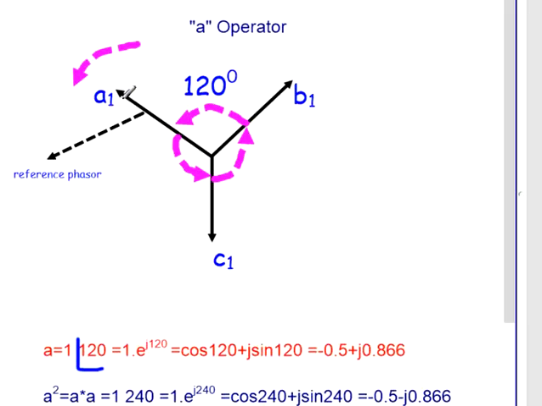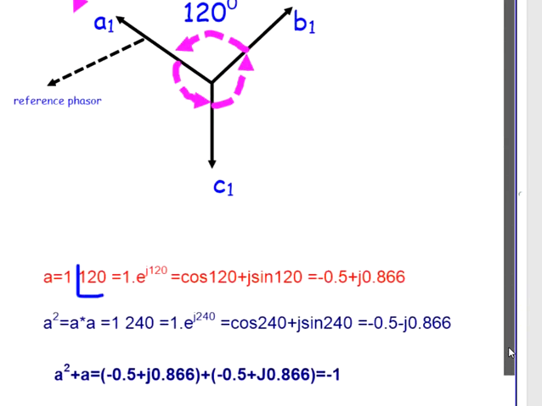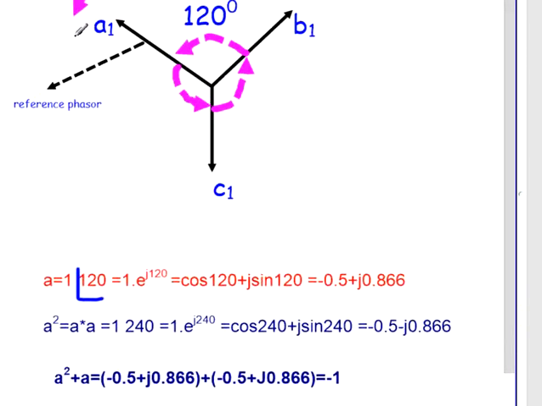Similarly, if A1 goes to B, it rotates 120 degrees and another 120 degrees. Now what will happen? Yes, it is multiplied with A square, right?